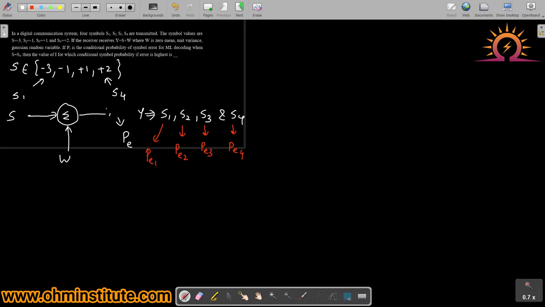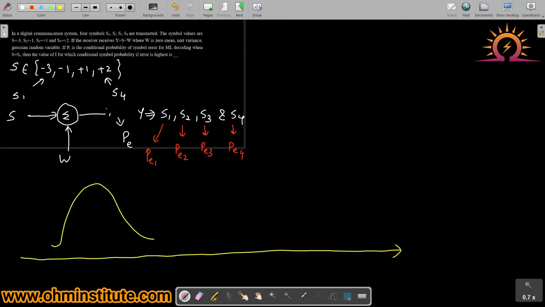So, let's try to draw the PDF of the received symbol at the input of the receiver, at the input of the threshold detector. Normally the probability of error is calculated at the input of the threshold detector. So let's draw the conditional PDFs at the input of the threshold detector.